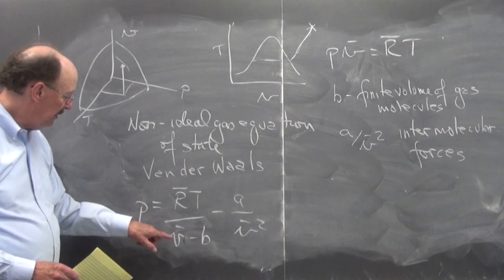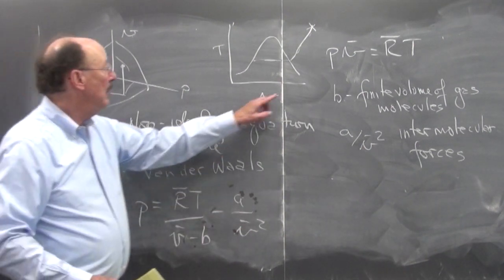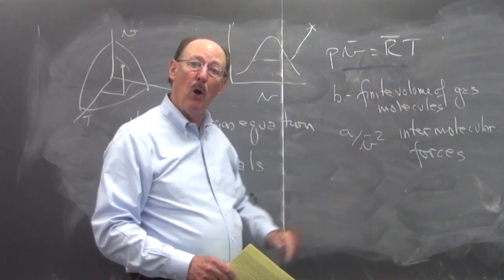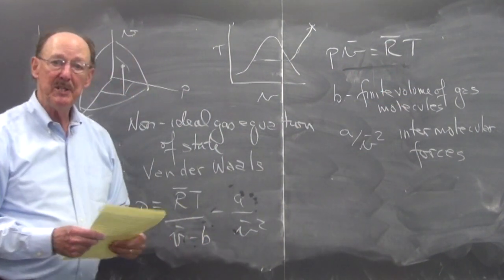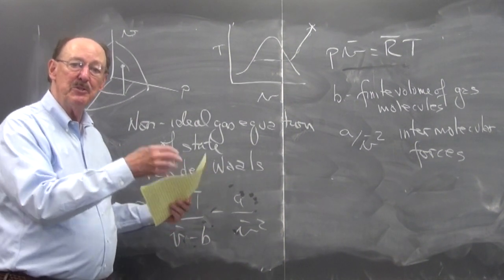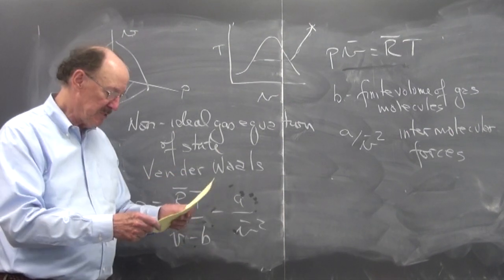Notice that if A went away and B went away, we come back with the ideal gas law on a mole basis. So all the equations of state reduce to the ideal gas equation of state when you get rid of those terms.